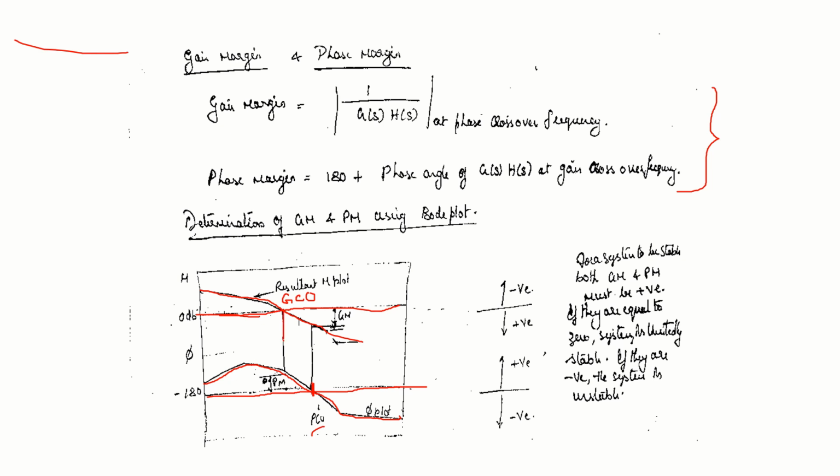From the gain crossover, you drop a vertical to the phase angle plot. You will get the phase margin, that is 180 degree minus the phase angle.